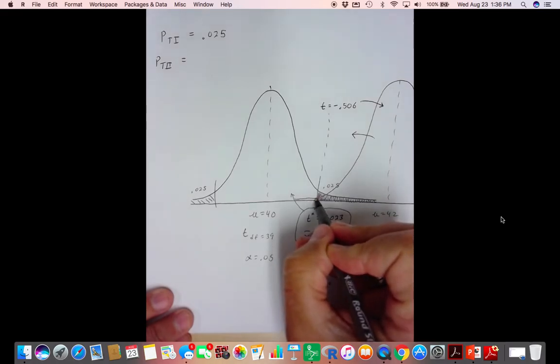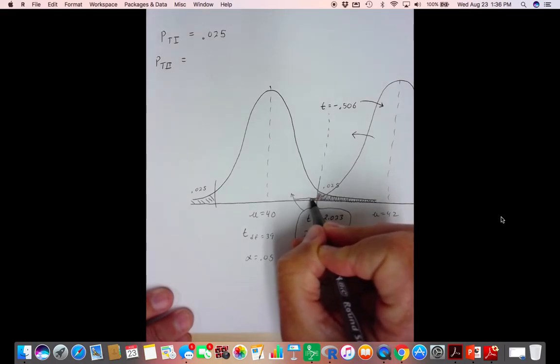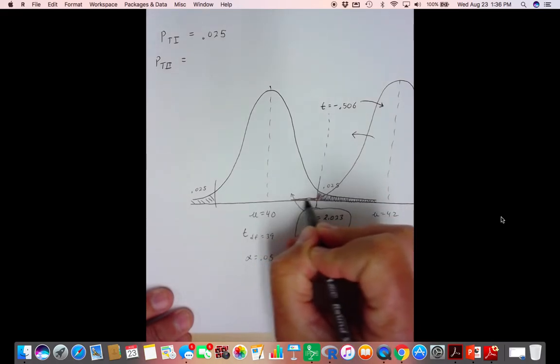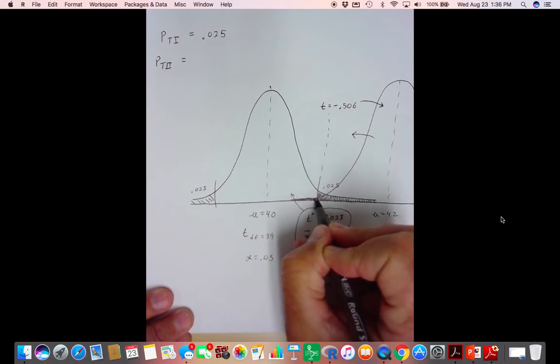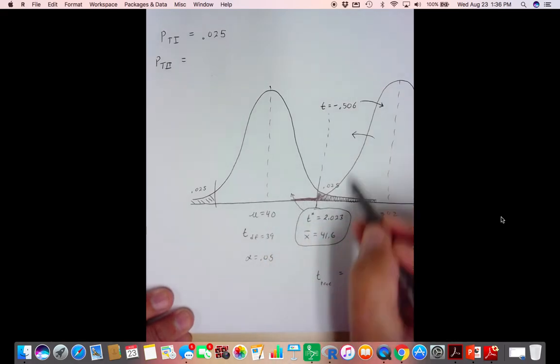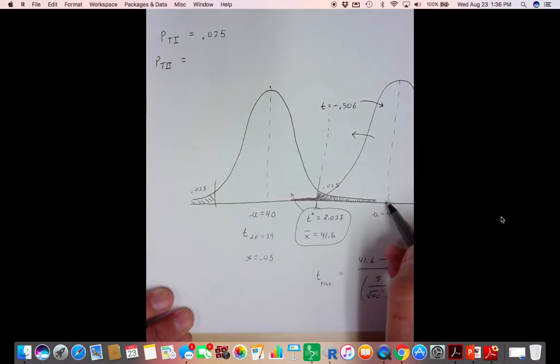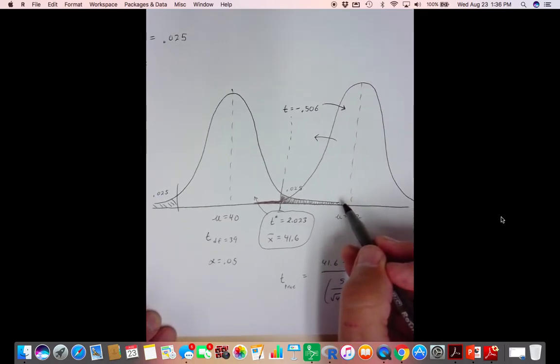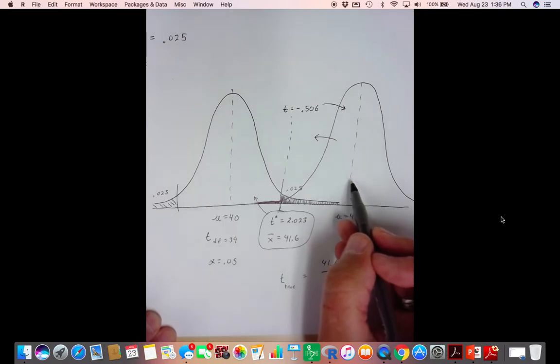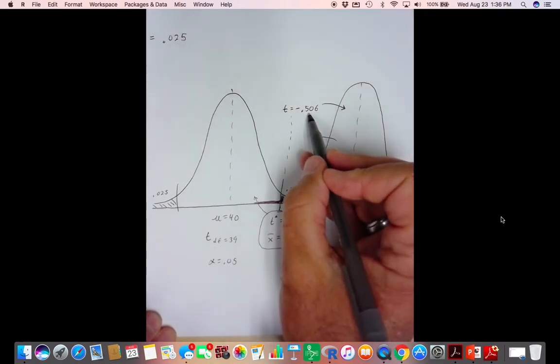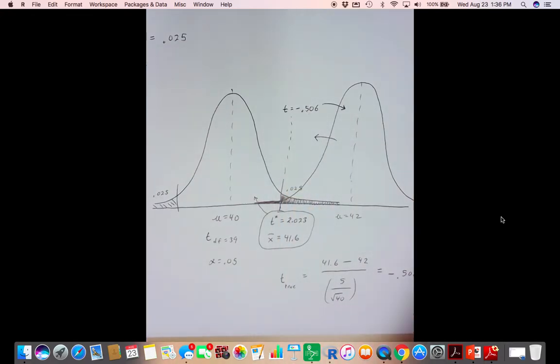Well, that's going to be this little sliver right here. Again, it has to be calculated in this distribution because this is the distribution that we're truly drawing from. So because we have to make our calculations from this distribution, we need the area to the left of T equal negative 0.506 in the distribution degrees of freedom 39.